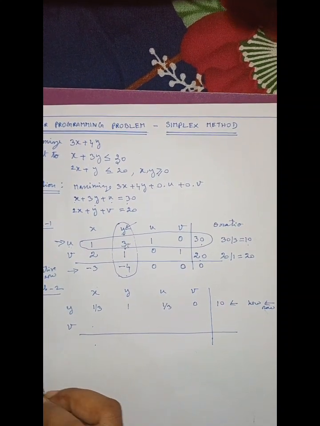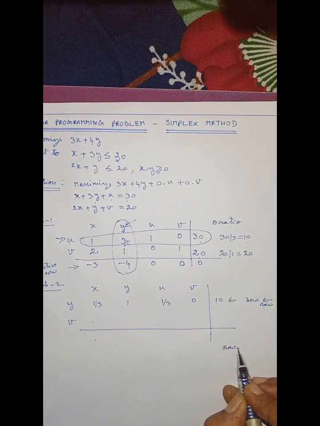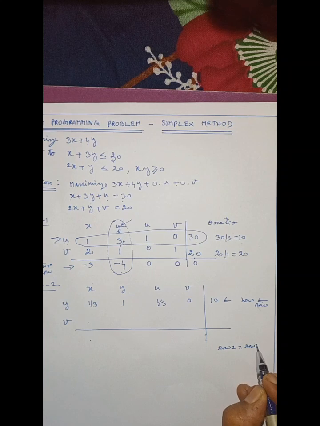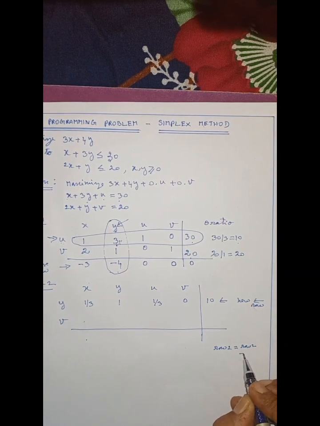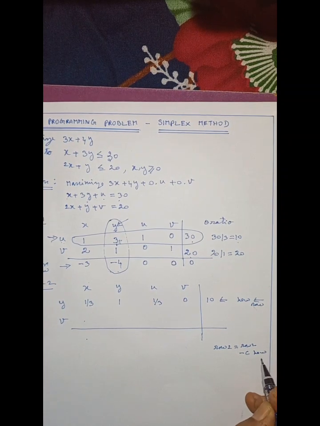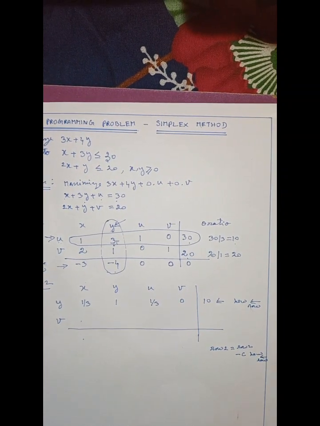Formula for calculating the second row is: row 2 is equal to the already existing row 2 value minus c into the new row value in the same column.